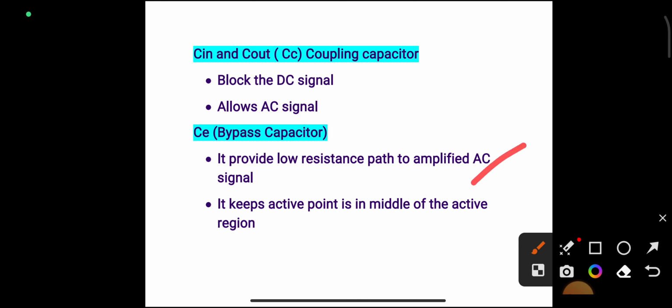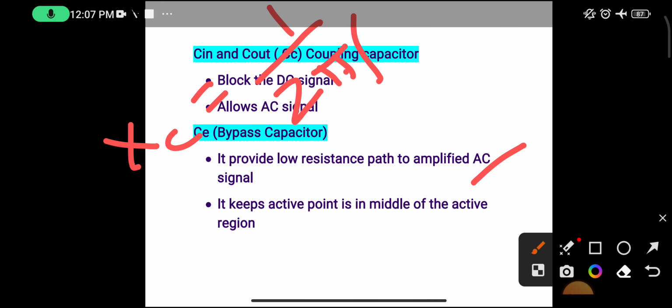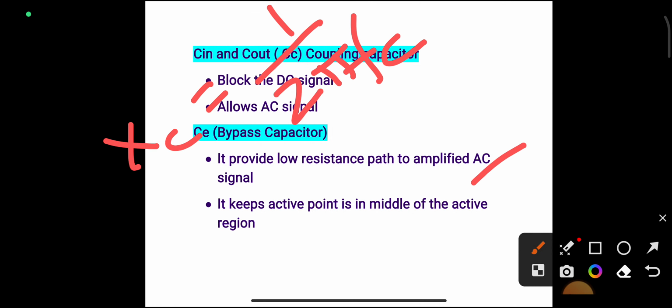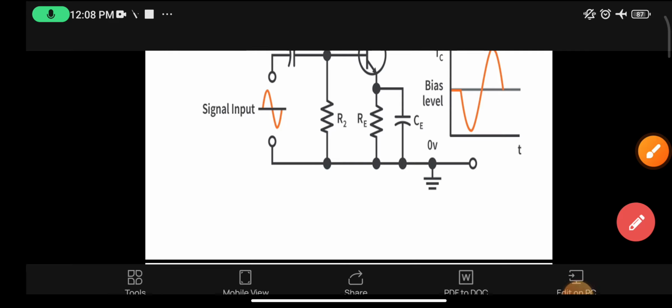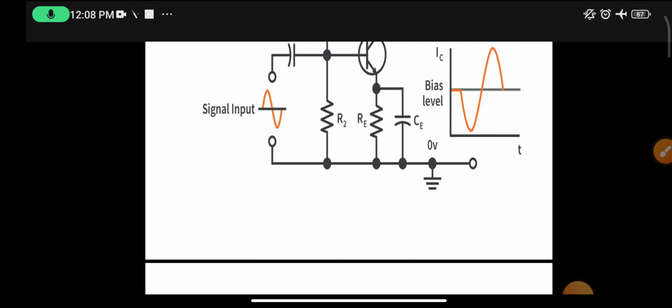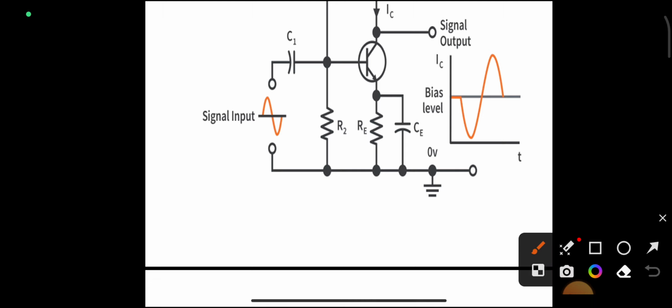Because it is a capacitor, its impedance is 1 over 2 pi FC. So for AC signal, it offers a finite value of resistance, like a short circuit to the AC signal. So this CE capacitor passes, or bypasses, the AC signal in this path.